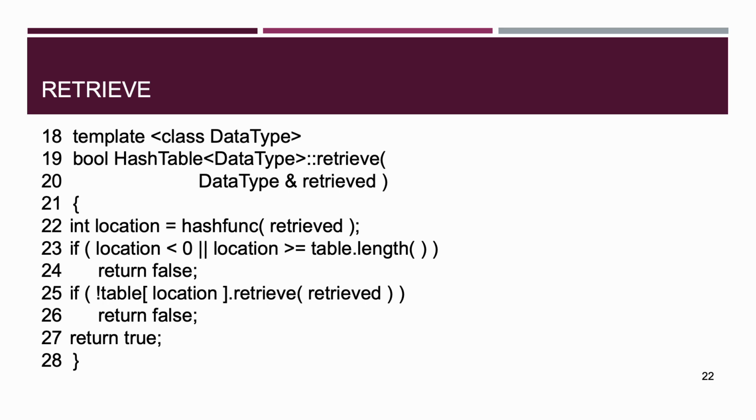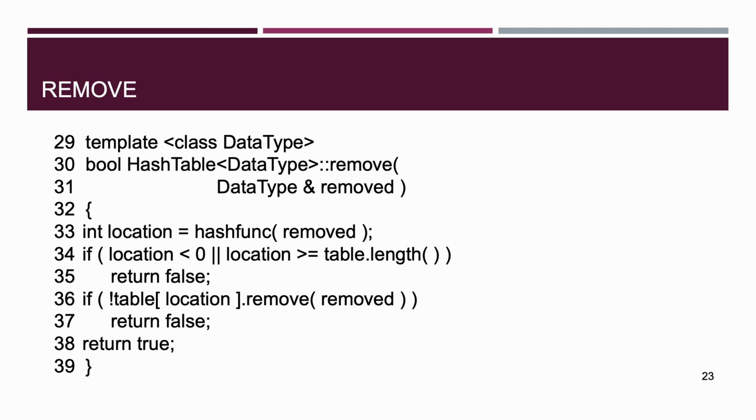Then, if both the location is valid and the retrieve operation succeeds, the function returns true, indicating successful retrieval. This approach to retrieval leverages chaining. Each location in the table is a linked list that may hold multiple elements, allowing us to manage collisions effectively.